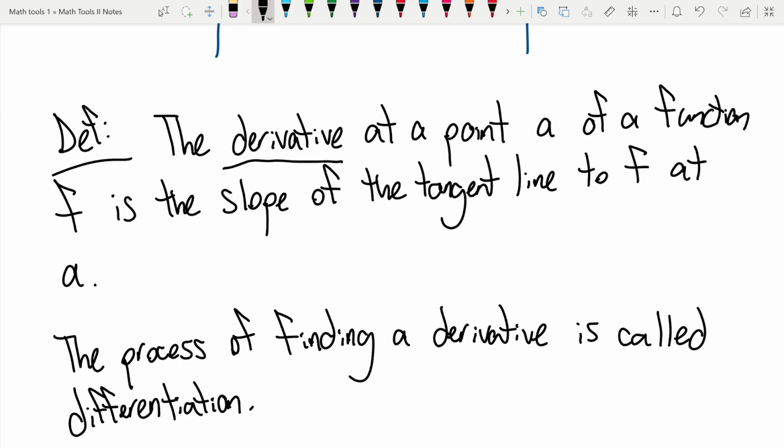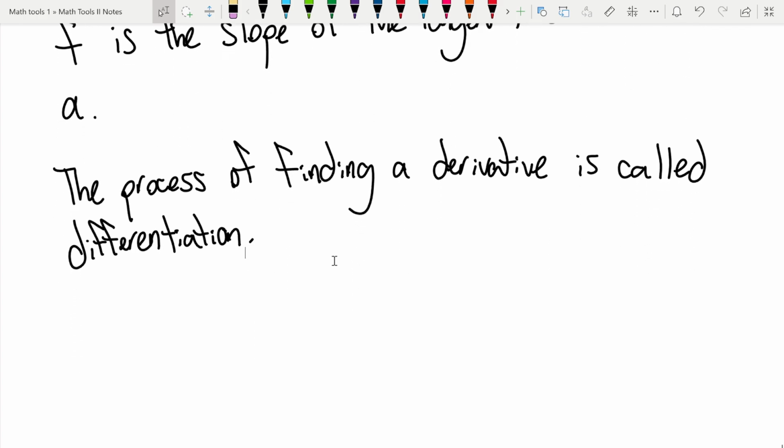So if we were to say we want to differentiate a function, it means that we want to find the derivative of the function. So we already saw that we are going to find this derivative using limits. So naturally, limits don't have to exist. So this means that the derivative also does not have to exist, right? So we'll look at those situations next.